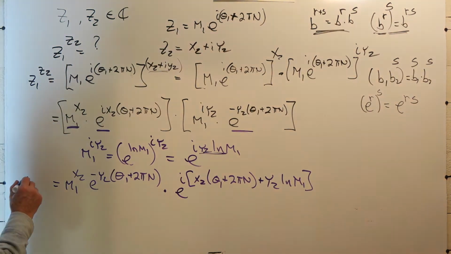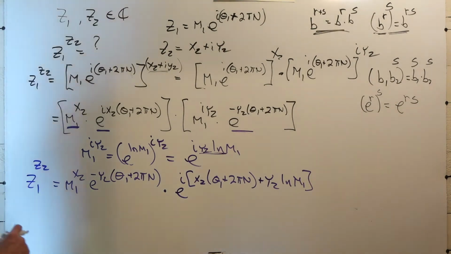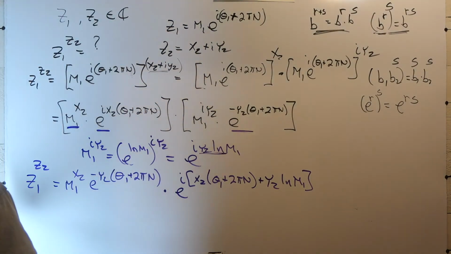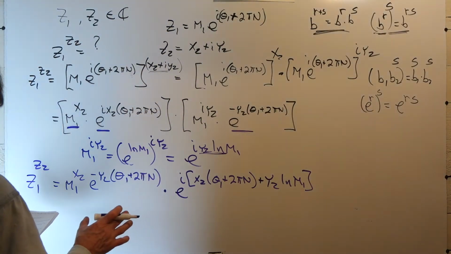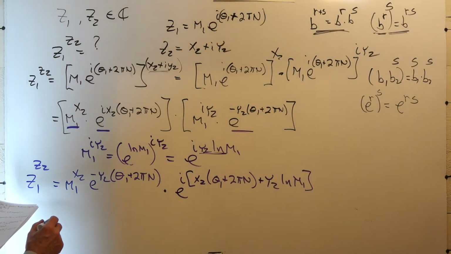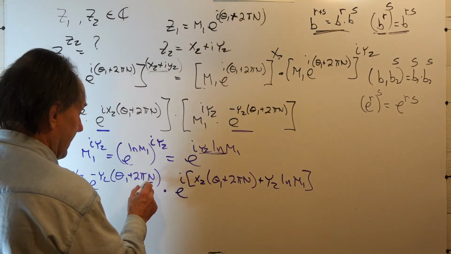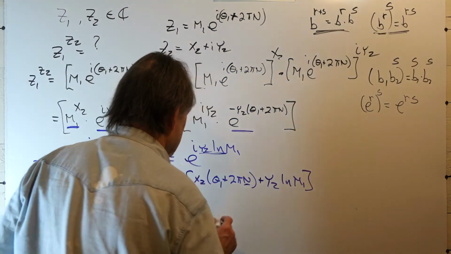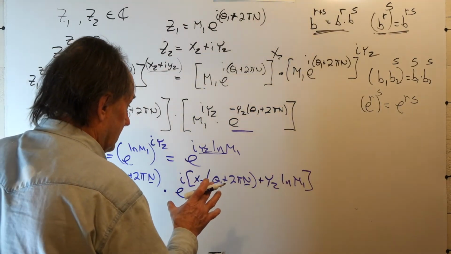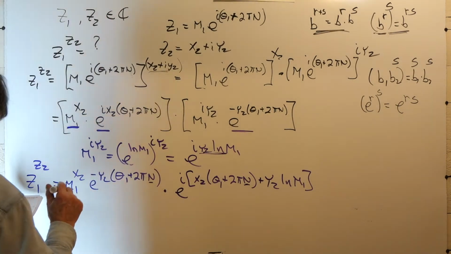So this is the expansion of z1 raised to the z2. It's fairly complicated, but we can rewrite this in this fashion, where what I'm going to do is separate out the exponents that have n, which changes, and express factors that change, and those that are fixed.